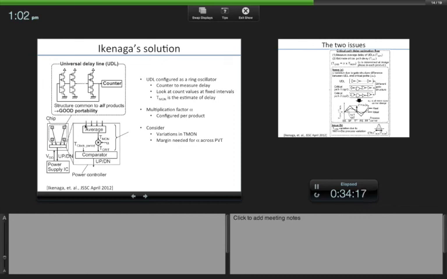What they show in this paper is that average is a better way of estimating. So they put multiple of these and average out the readings from all these counters, which is just a simple adder. To that, they apply a little factor alpha, because for every chip, the actual critical path will not be exactly what the monitor gives, but some factor of it. That factor alpha you have to find out and put.